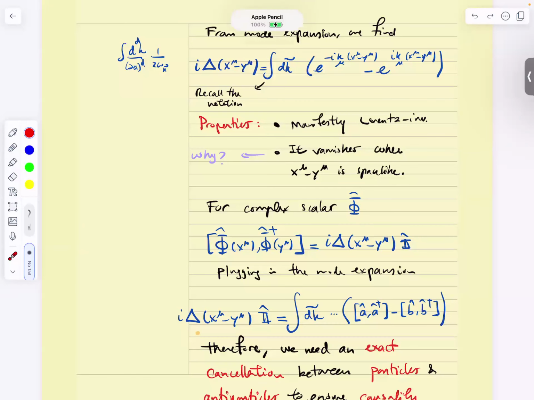When they're space-like separated, I can rotate around this axis. This will come all the way here. Well, no, actually, I don't want to say it's a rotation. There is a Lorentz transformation that will send this guy to this point, so that y mu minus x mu picks up a minus sign. There exists such a transformation.